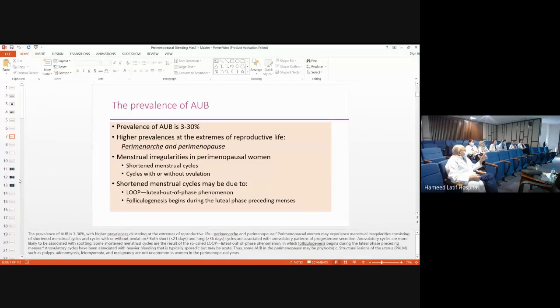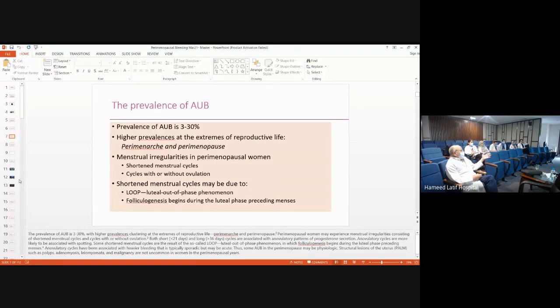But at the extremes of reproductive age, early, when there is initiation of ovarian function because of the stimulation of FSH and LH, the neurotrophins, at that time, because of the time period that the system takes to get into rhythm, it may take a few months or maybe a couple of years before the menstrual cycle normally establishes. That is at the time of puberty, and that's known as perimenarche.